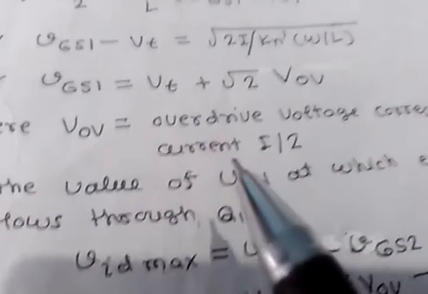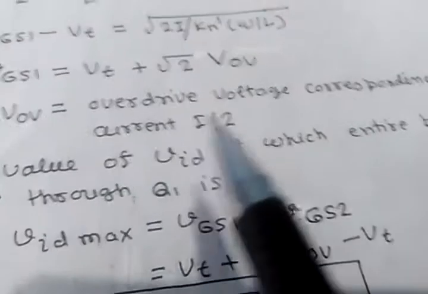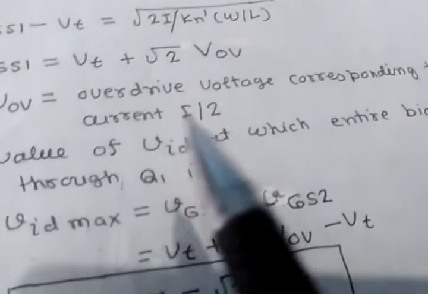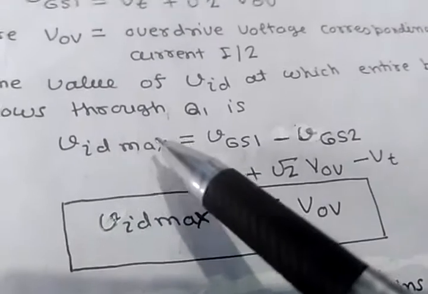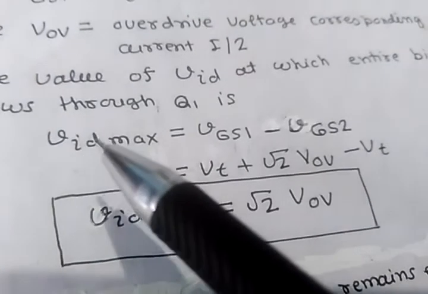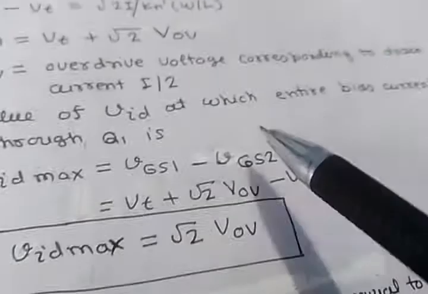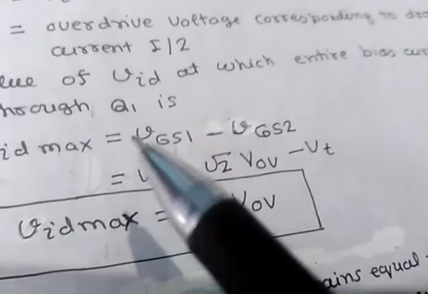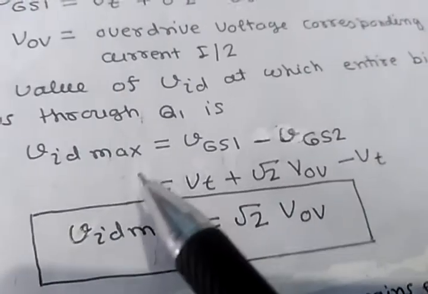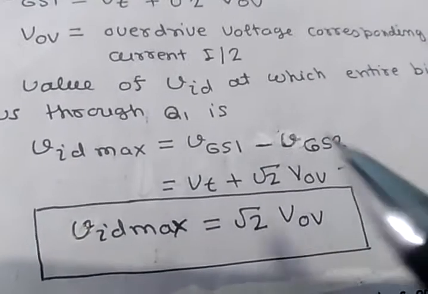This overdrive voltage corresponds to bias current I by 2. Now the value of VID at which the entire bias current will flow through Q1 is given by VID maximum equals VGS1 minus VGS2.